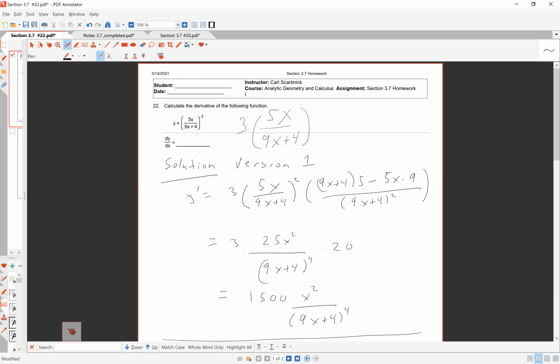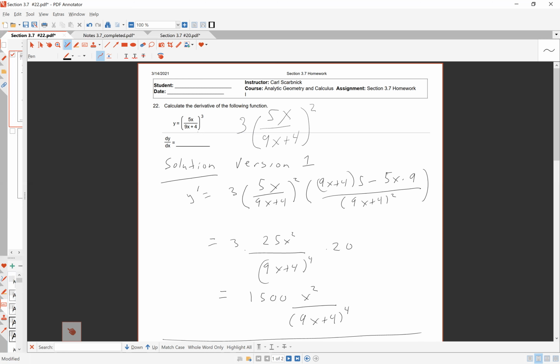So we drop the 3 down, and it's 3 times 5x over 9x plus 4, and then we subtract 1 from the exponent, so we get 2. But now we have to take the derivative of 5x over 9x plus 4. So now we have to use the quotient rule.